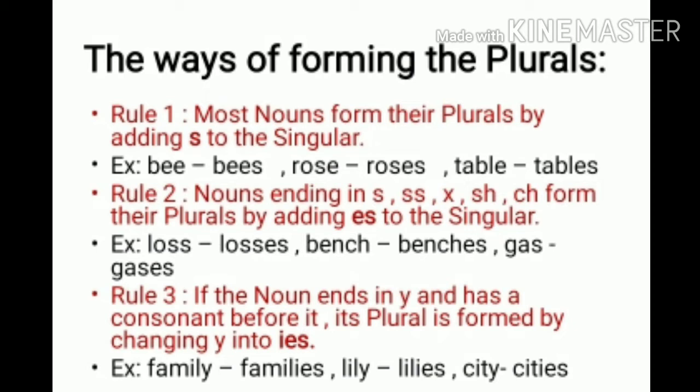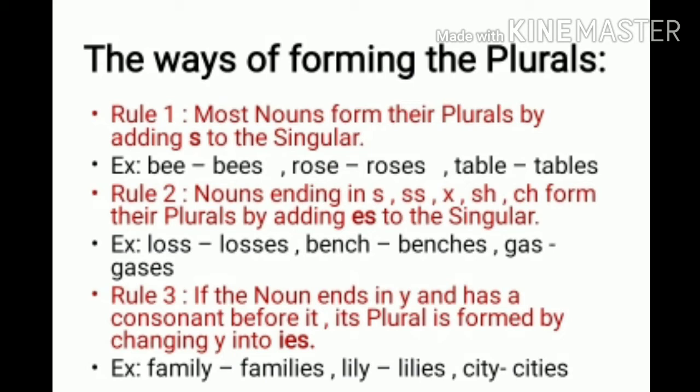Now our second rule is: nouns ending in S, double S, X, SH and CH form their plurals by adding an ES to the singular. So any noun which ends with these alphabets, we need to add an ES to make it the plural. For example, loss, L-O-S-S, it is singular.